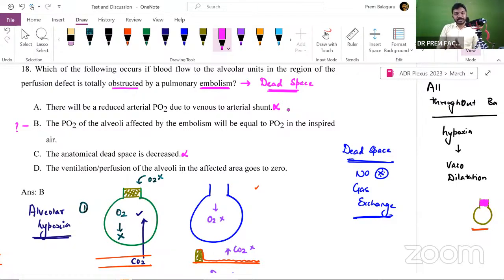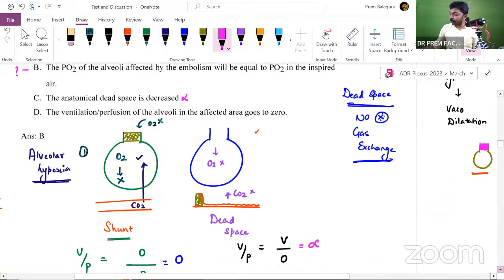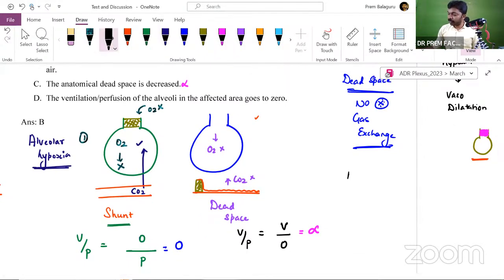Anatomical dead space is a region where there is not going to be gas exchange by the nature of the anatomical structures itself. If you consider the airways, starting from the trachea all the way to the principal bronchus and bronchioles, these proximal airways have no connection with alveoli.